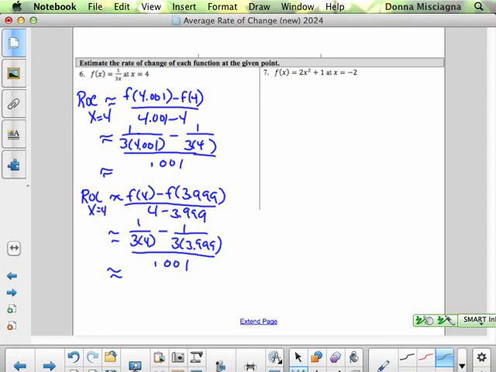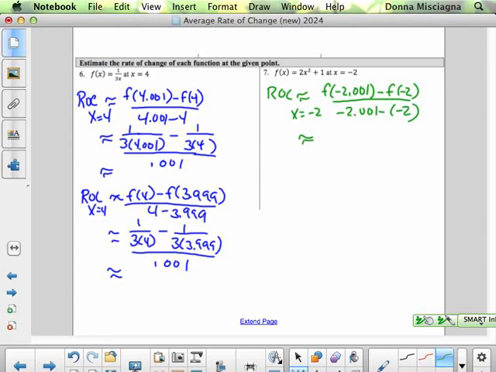And then let's try this one. This is at x equals -2. So this would be f of -2 minus, actually let's make it -2.001 minus f of -2 all over -2.001 minus -2.